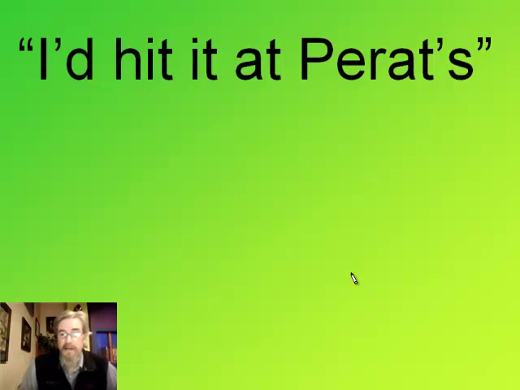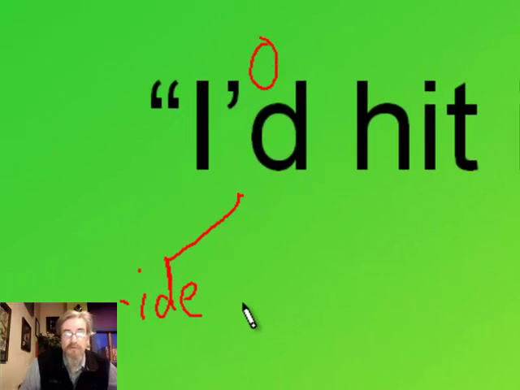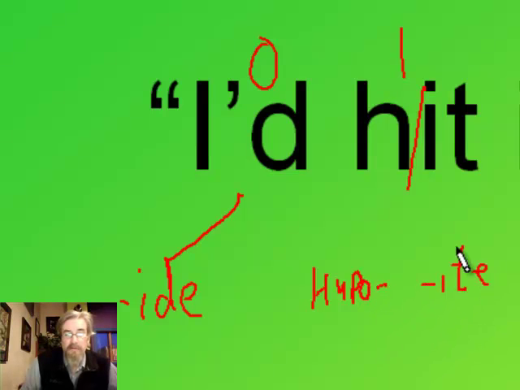It's called I'd hit it at perats. And these words, I'd hit it at perats, are really indicators of the prefixes and suffixes that are going to show up in these polyatomic ions that have halogens in them. Ide stands for, of course, ide. And that means 0 O's. 1 O is hit. Hit is actually hypo for the H, that's the prefix, and ite for the suffix.